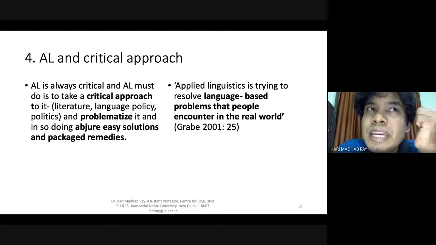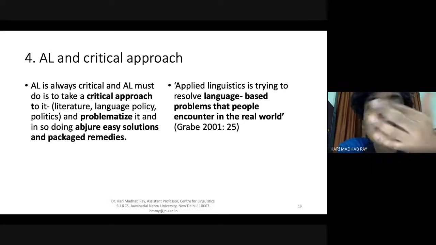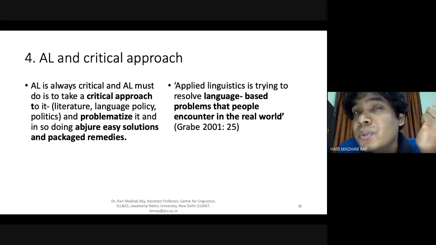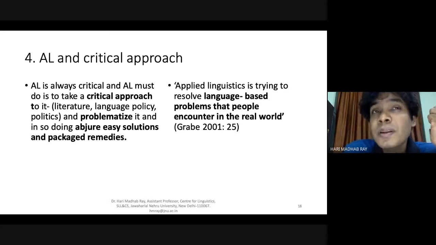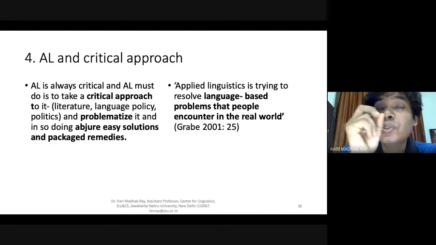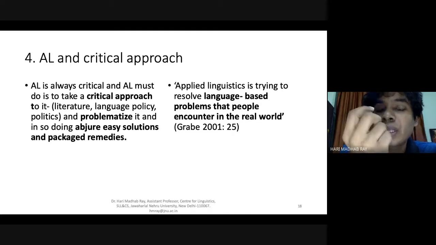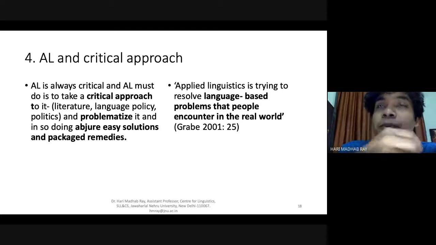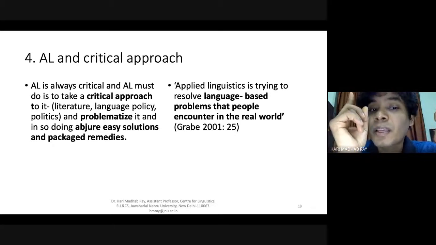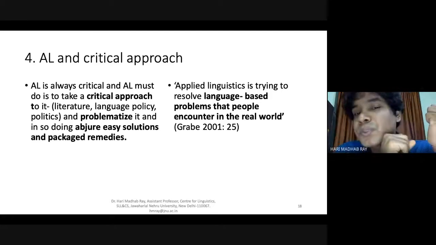We have seen that there are many people who have lost their spoken skill because of brain damage, but they haven't lost their written skill. Why is this so? Or maybe some people know two scripts, how to read and write two scripts. One script is lost after brain damage, but the other script is still there. Why is this so?